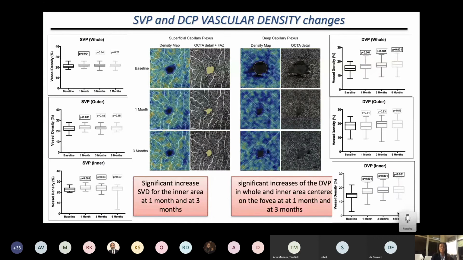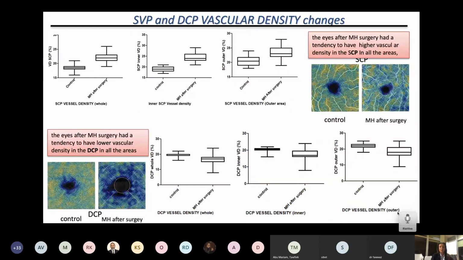Moreover, we found an increase of the vessel density both for the superficial and for the deep plexus during the follow-up. And compared to controls, the eyes after macular hole surgery had a tendency to have higher vascular density in the superficial plexus, but lower density in the deep capillary plexus.